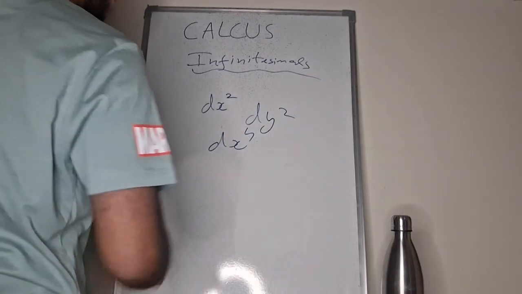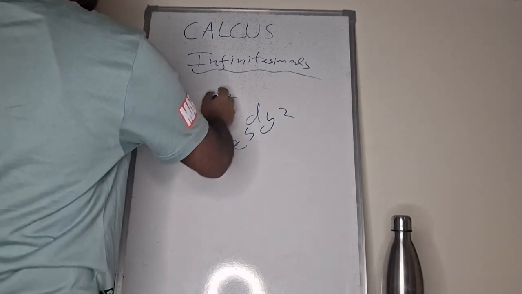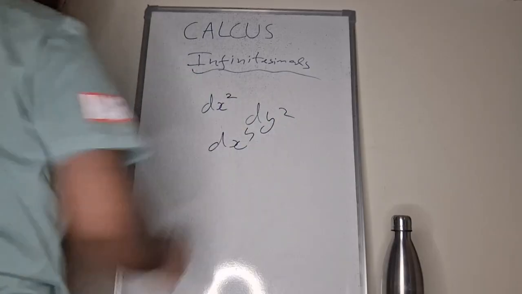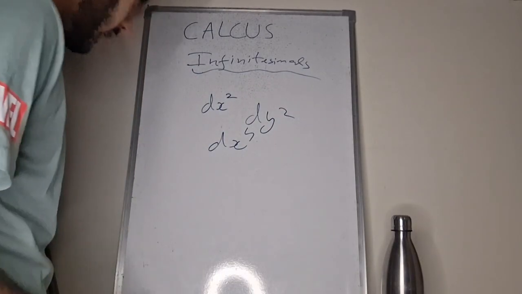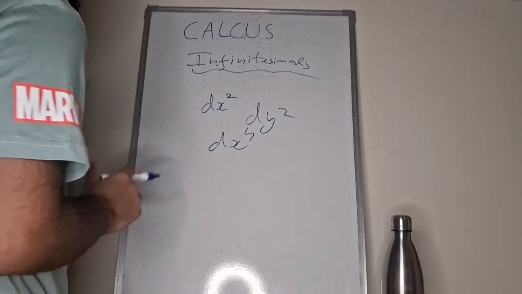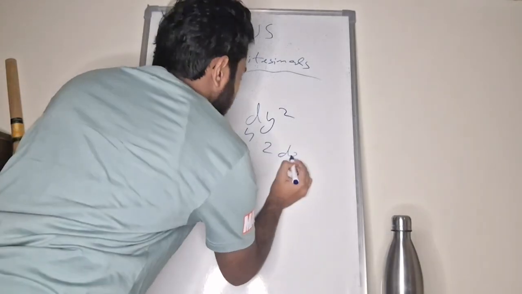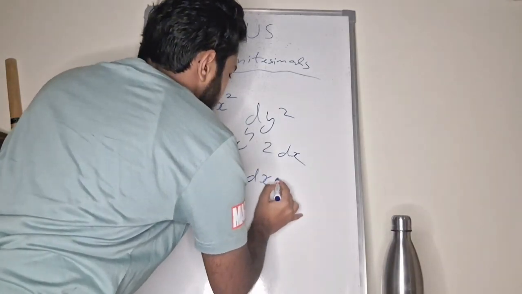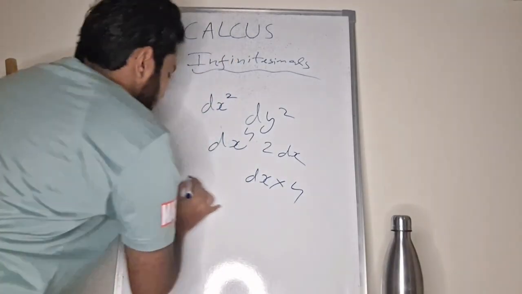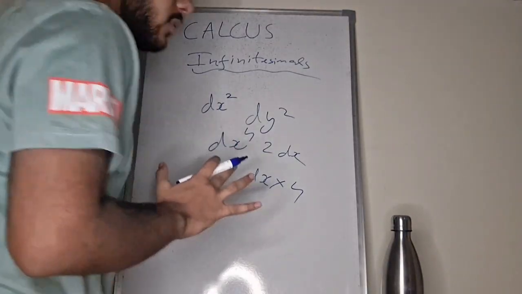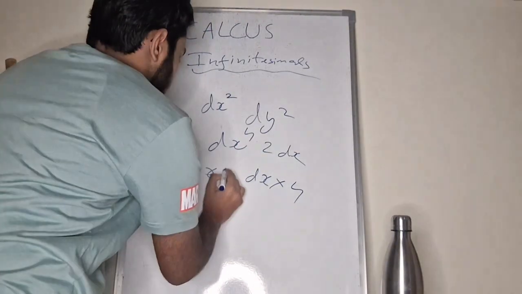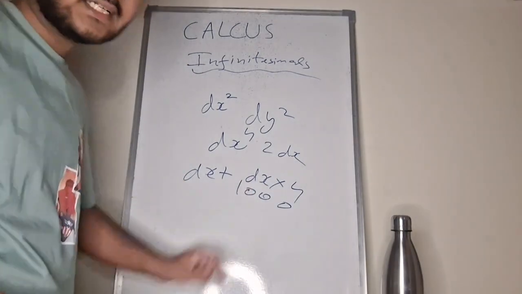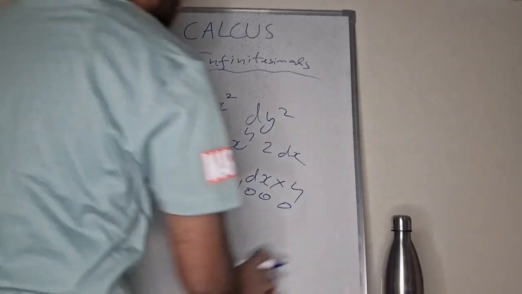See, the reason why dx square, dx power 4, dx dy power 2 are higher order infinitesimals and not 2dx or dx into 4 or something like that. These are not, or dx plus 1000. These are not higher order infinitesimals.